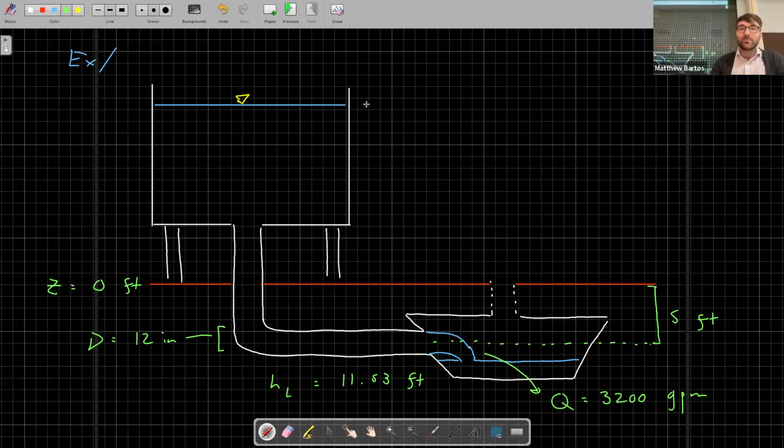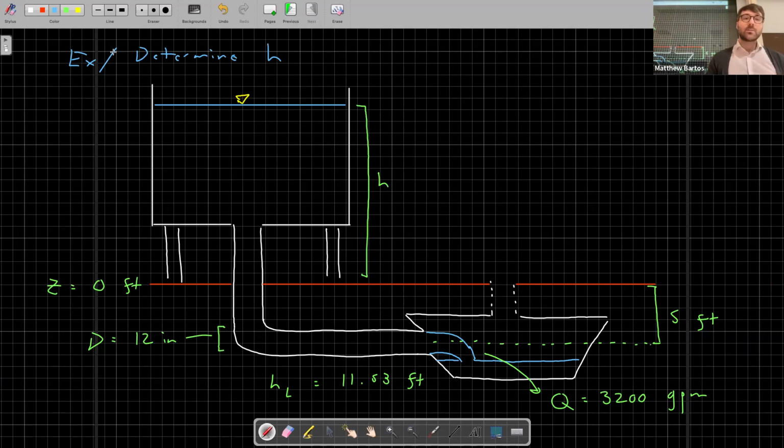And our job is to find the height of the water in the reservoir, H, that will support this flow rate. So our job is to determine H, the height of the water in the reservoir.